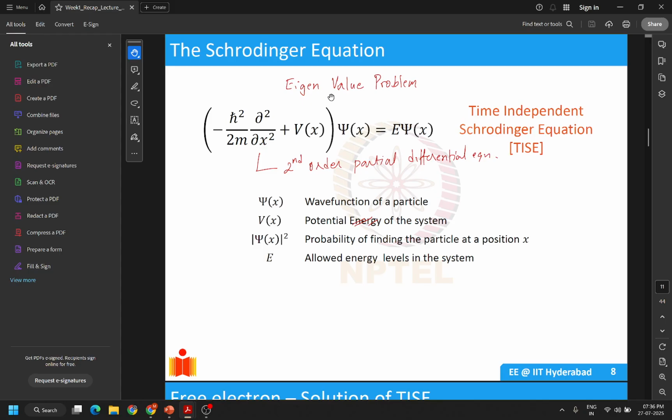The Schrodinger wave equation is derived from the energy conservation equation, where total energy is equal to kinetic energy plus potential energy.